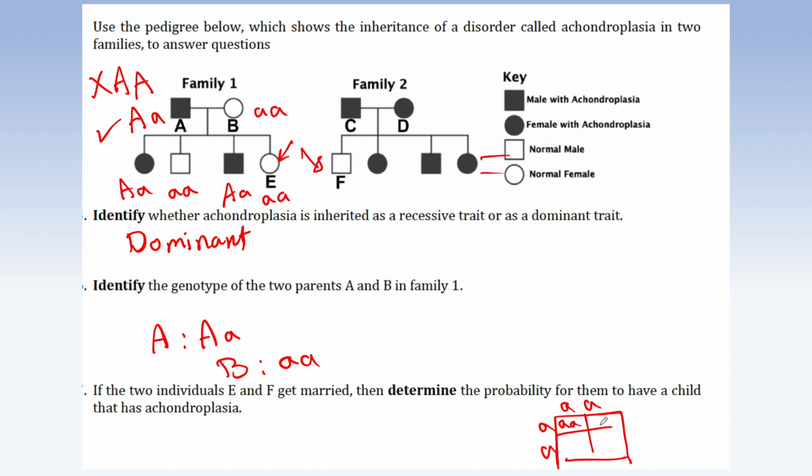So all their kids will come normal. What does that mean? The probability to have achondroplasia in their children is 0%. So the answer here is 0. No chance to have affected children.